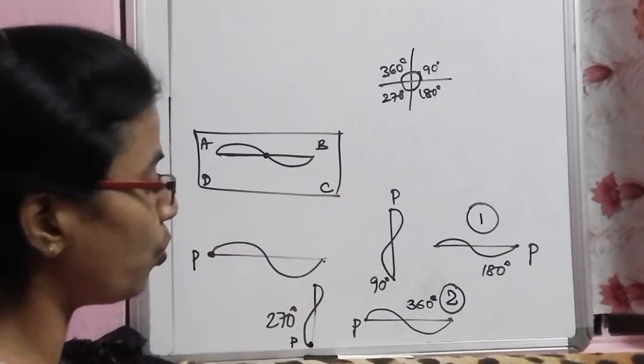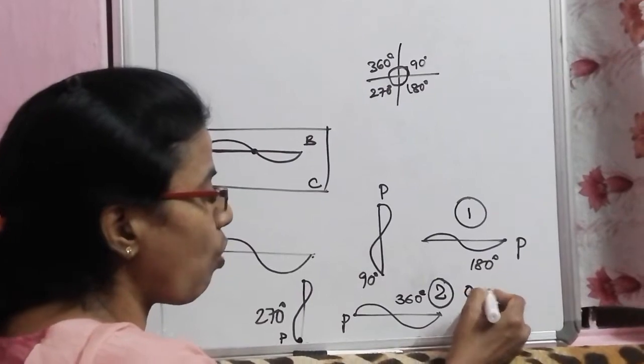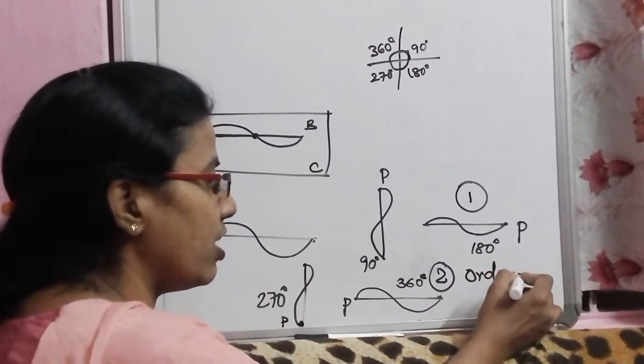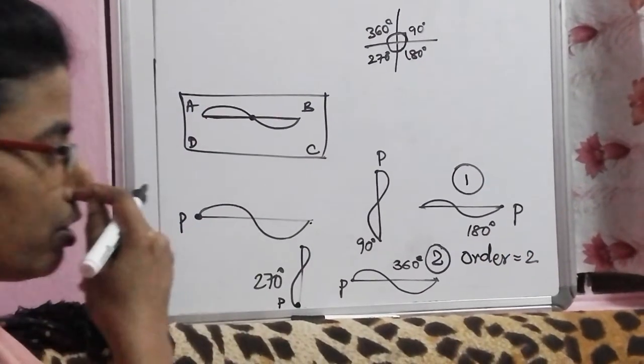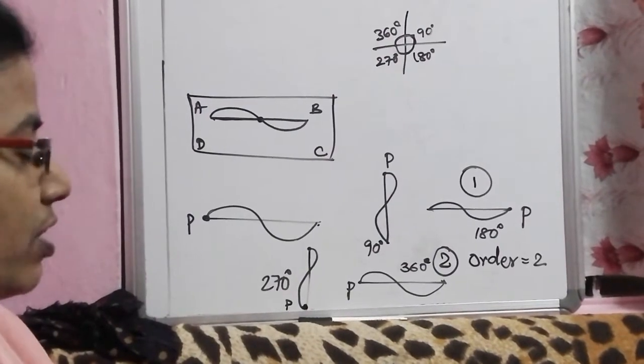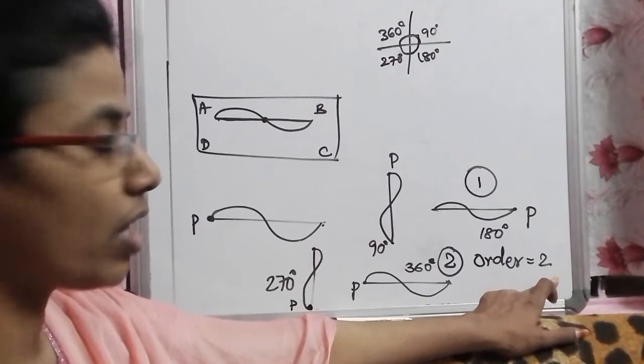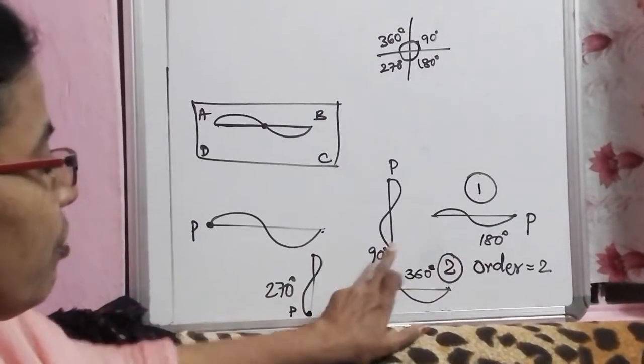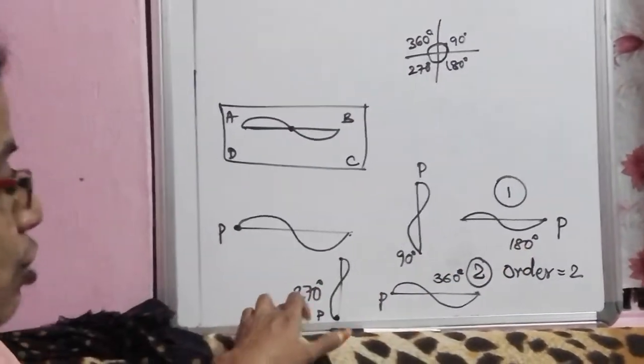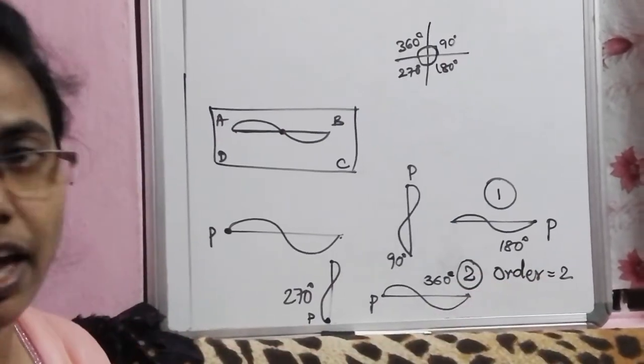So that 2 is called the order of rotational symmetry. Order of rotational symmetry is 2. Understood this part? And we have degrees of rotation also.